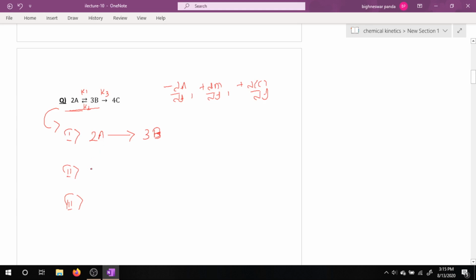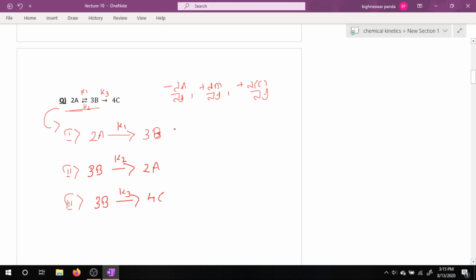2A gives rise to 3B with rate constant k1, 3B gives rise to 2A with rate constant k2, and 3B gives rise to 4C, and this is k3.